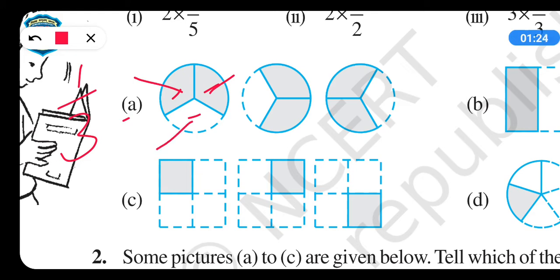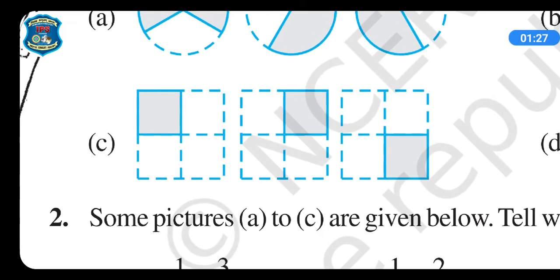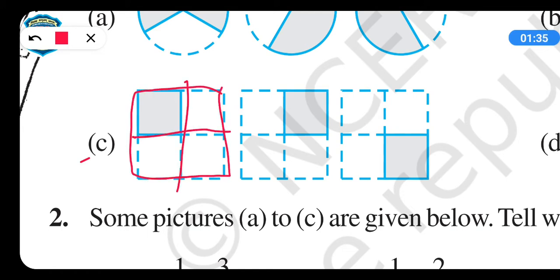If you see this C part, one figure is divided into 4, and this is one part, so it is what, 1 upon 4, right? This is 1 upon 4, every part is 1 upon 4, yani complete 1 is divided into 4 parts.